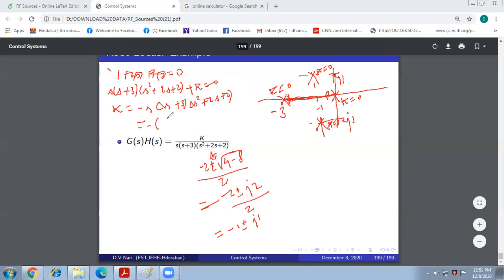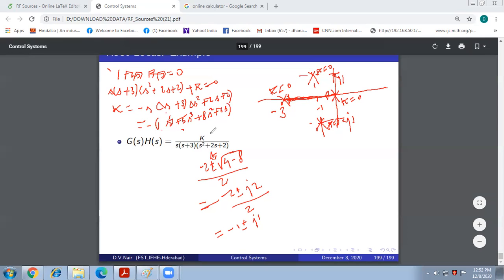It will be minus, in bracket, s to the power 4, the highest term, then plus 5s cube, plus 8s square, plus 6s, right?